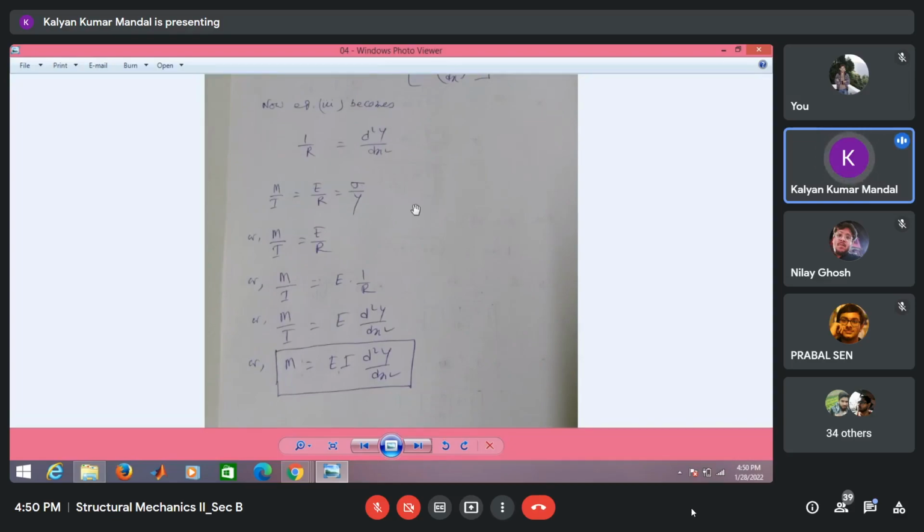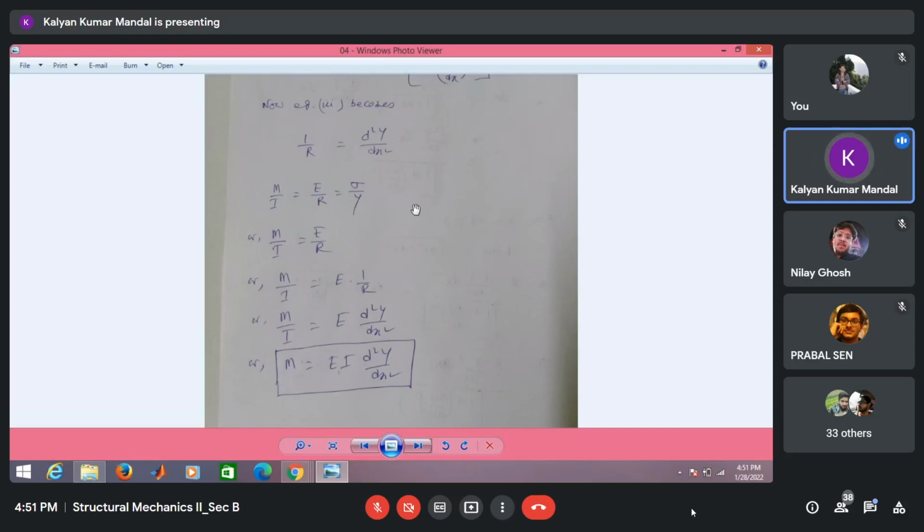Now we take the help of Bernoulli's equation, that is M/I = E/R = sigma/Y. What is Bernoulli's equation? That is M/I = E/R = sigma/Y. M is the moment, I is the moment of inertia, E is the modulus of elasticity, R is the radius of curvature, sigma is the bending stress, and Y is the distance of the point where we want to find the stress from the neutral axis.